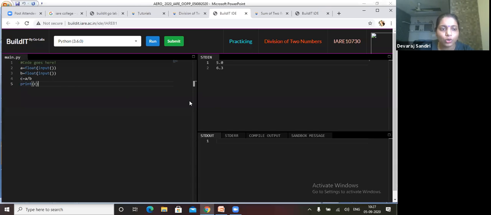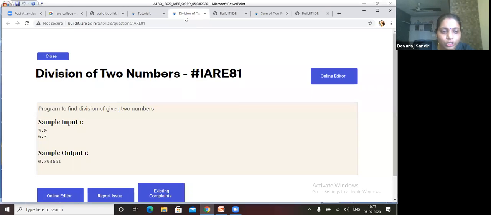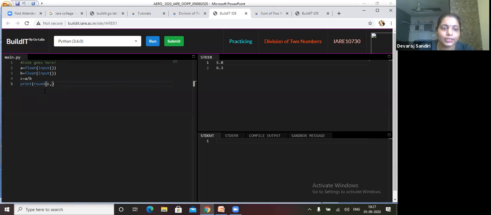So here print round off C, comma. How many numbers do you want here? 1, 2, 3, 4, 5, 6. Run.